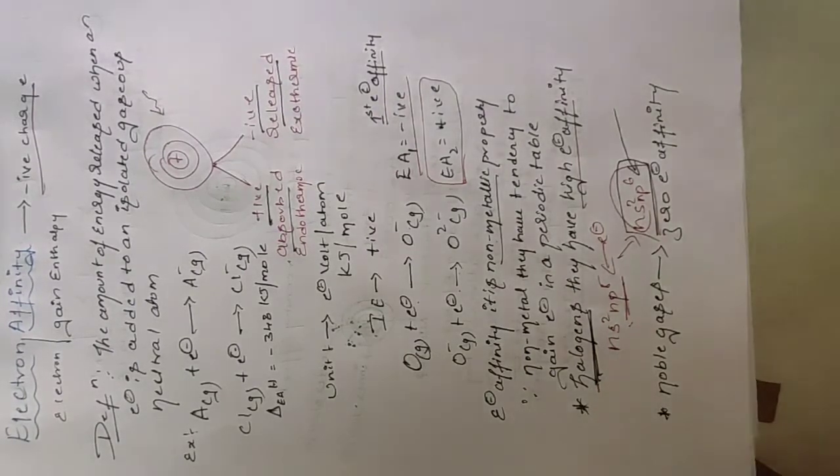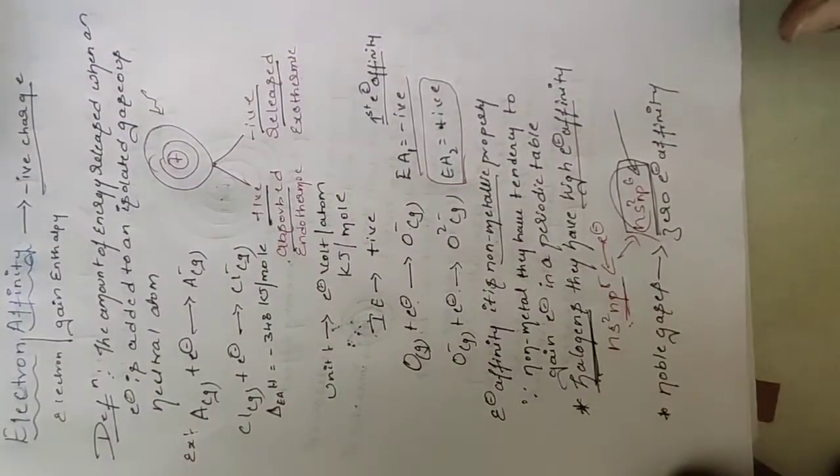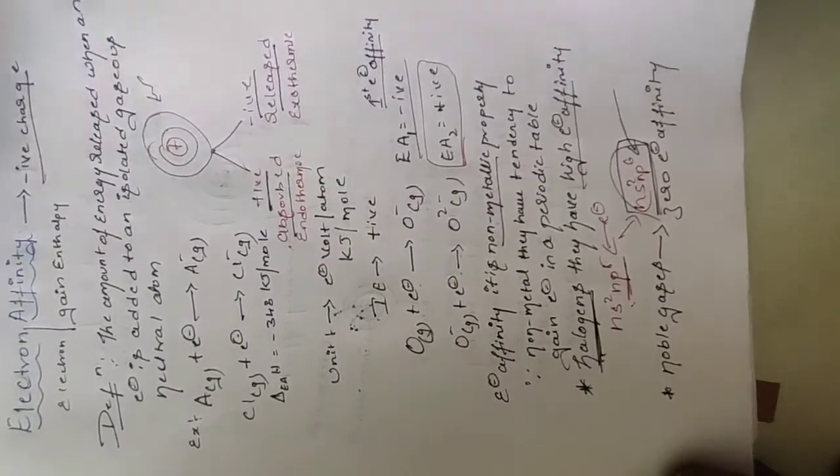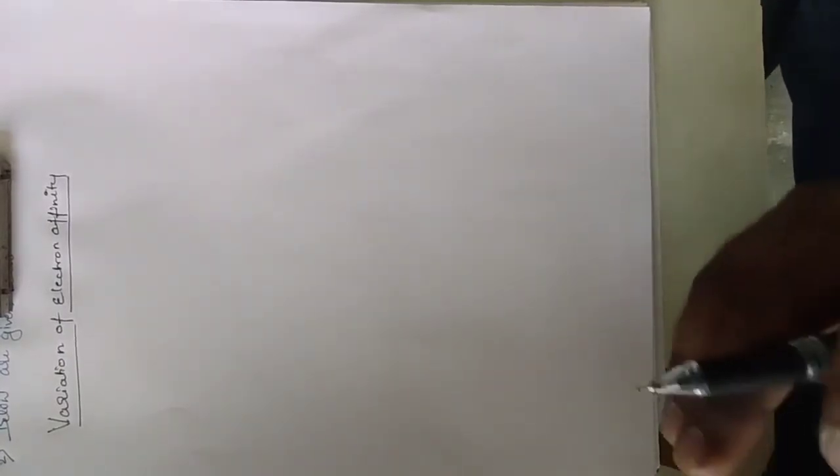Next we are going to talk about the variation of electron affinity, what variations occur in the periodic table.